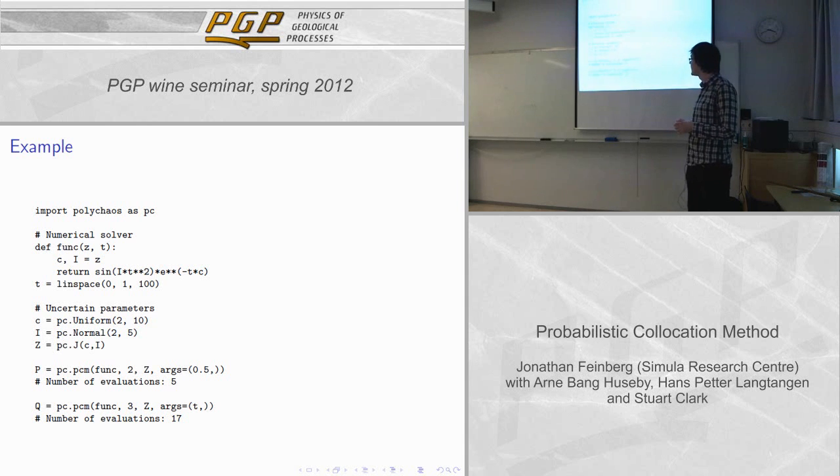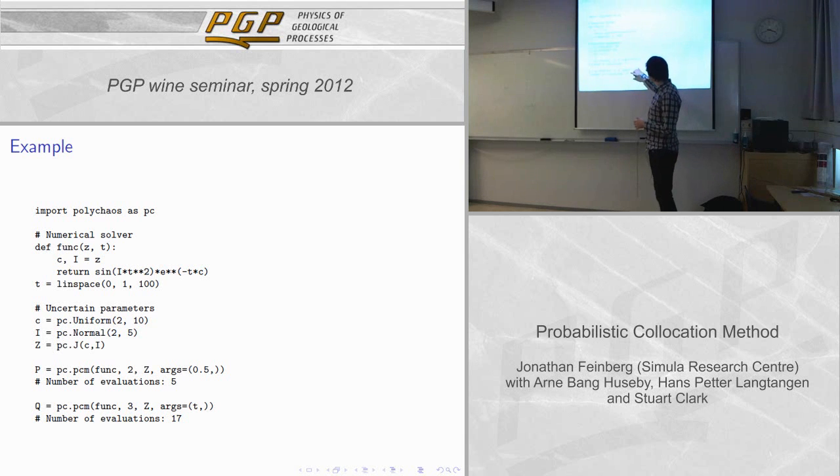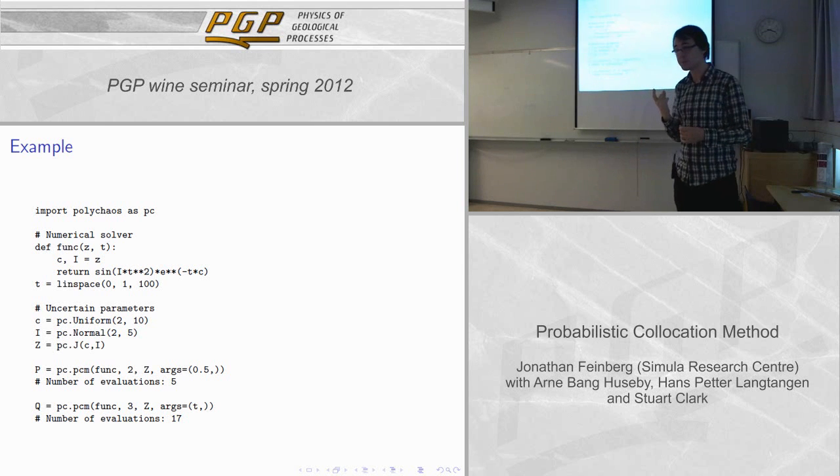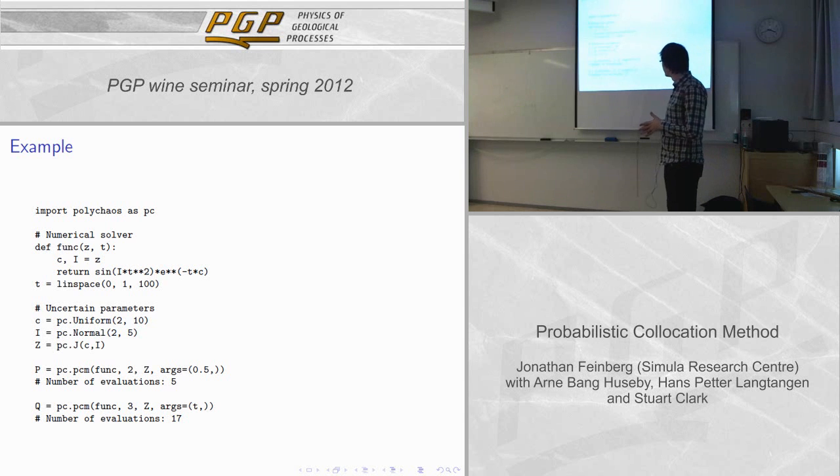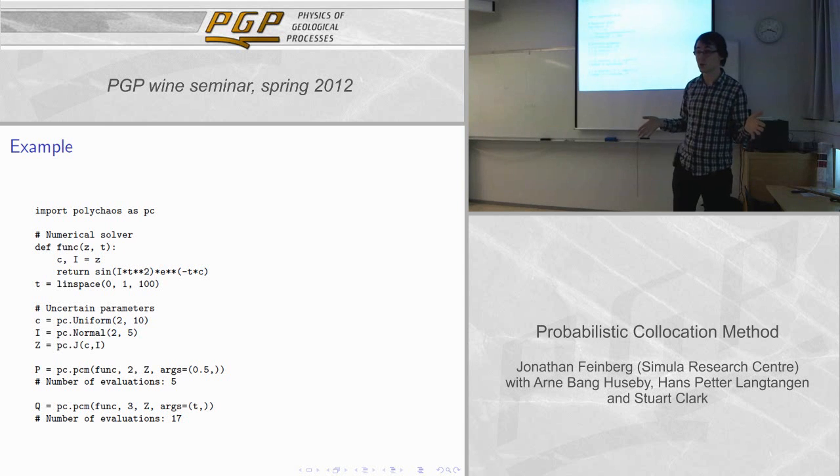I basically defined a polynomial with t defined for 0.5. Basically, I'm only doing one polynomial. And for q, I'm defining it for the whole time domain. So 100 values. So basically a vectorized polynomial. So the coefficients are now vectors.